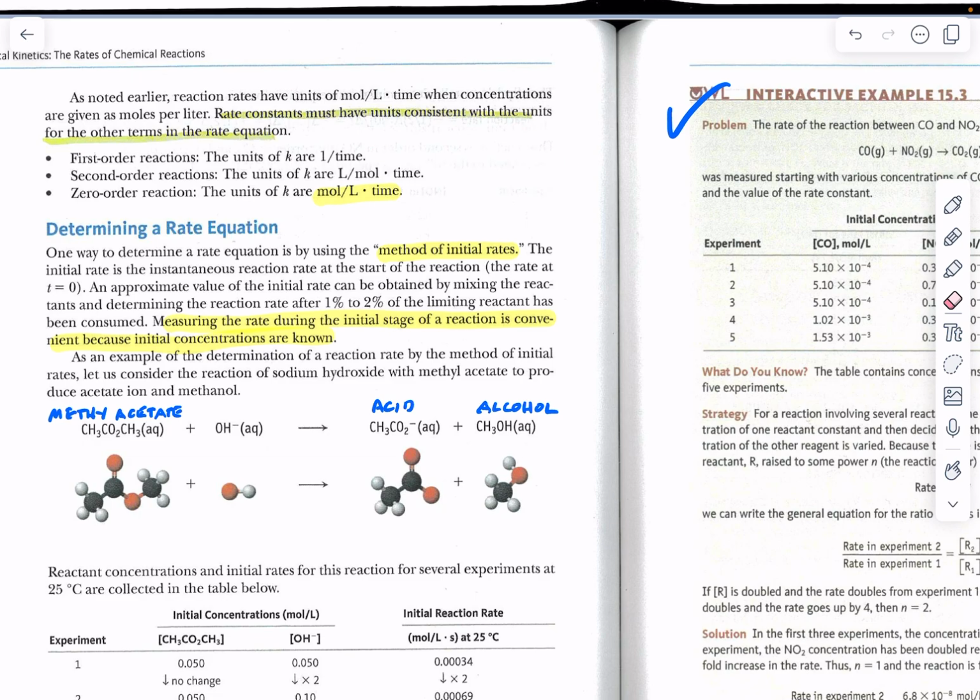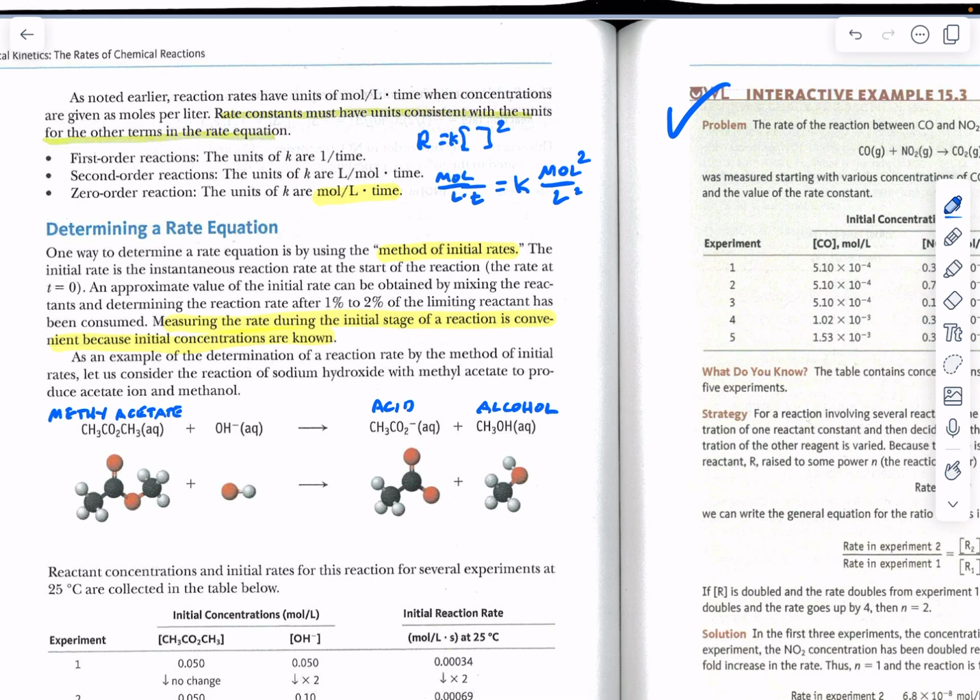In this case, what about a second order reaction? What if my rate equals K times the molarity of my reactant and it's second order? That would mean that my moles per liter, which is molarity, divided by time, because it's a rate, equals K times my moles per liter squared.